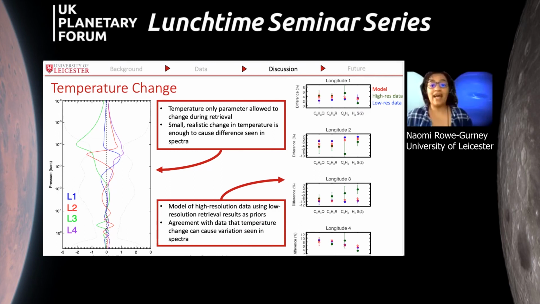And on the right, we've also done a high resolution forward model using the low resolution results as priors, just to double check that this is working like we thought it would. And we have an agreement with that temperature change. So the modeled variation shown in red matches the data variation shown in the blue and the green. So the temperature change only looks to be very possible.